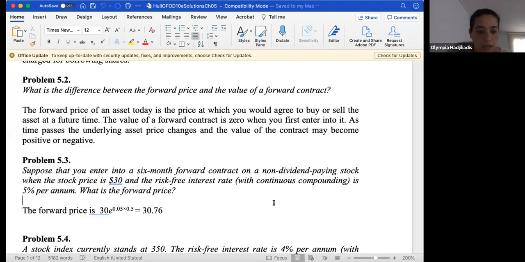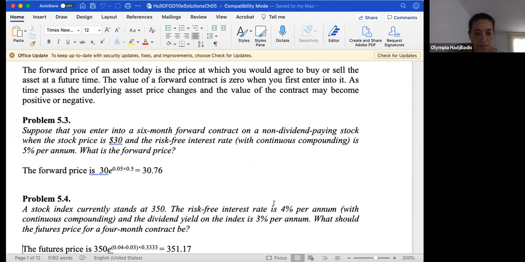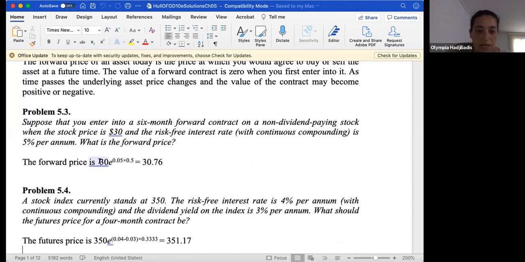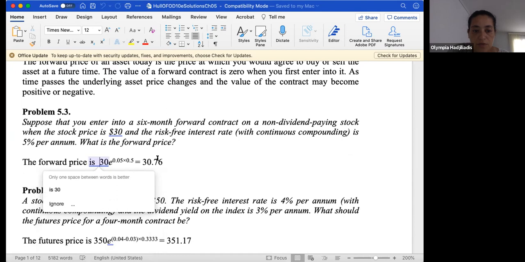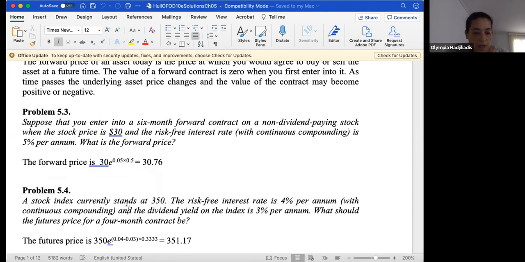We applied that formula that we saw in the book, and we got the forward price over here. Then we have a stock index that currently stands at 350. The risk-free interest rate is 4% per annum with continuous compounding, and the dividend yield on the index is 3% per annum.